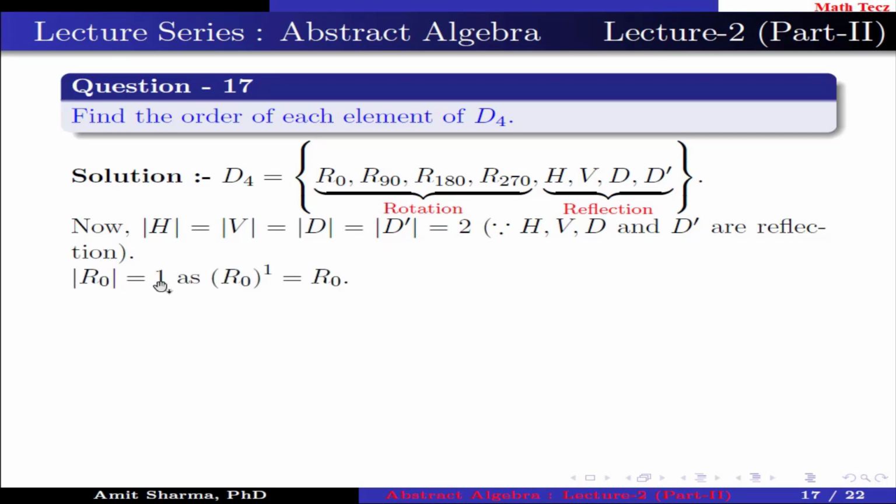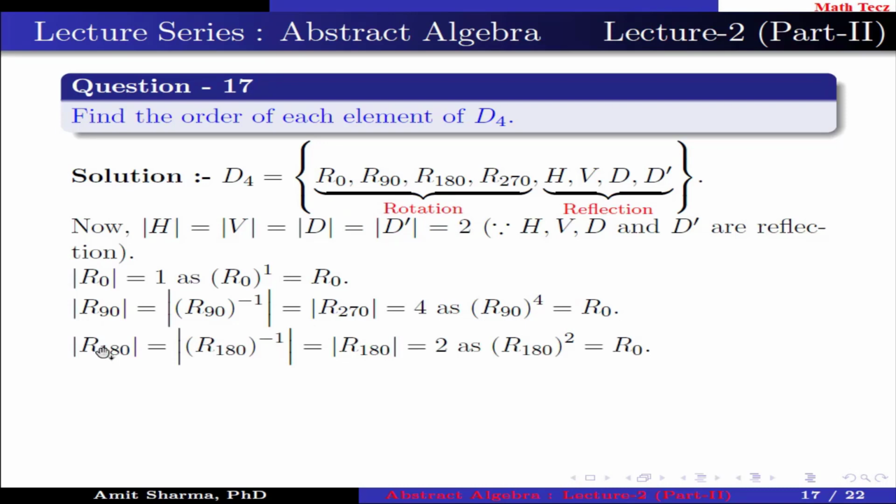Order of R0 is 1 because R0 to the power 1 is R0. Order of R90 equal to order of R90 inverse which is equal to R270, means order of R90 equal to order of R270 which is equal to 4 because R90 to the power 4 is R0.